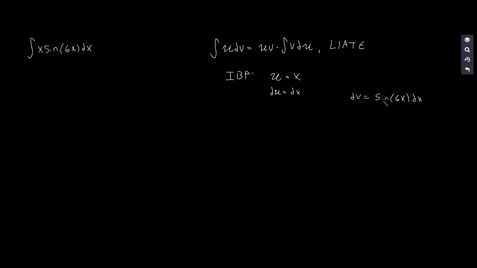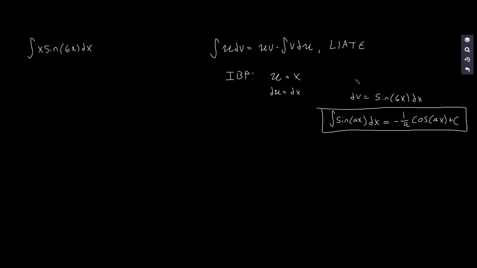The integral of sine of 6x, let me just write out the formula. Okay, so then for v equals 1 over 6 times cosine, so -1 over 6 times cosine of 6x, right?